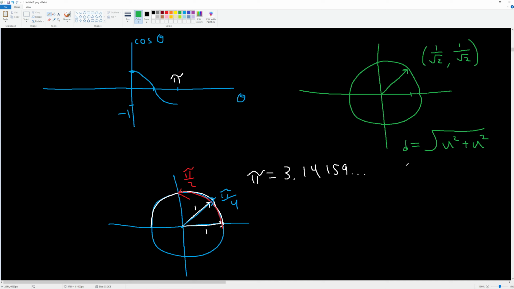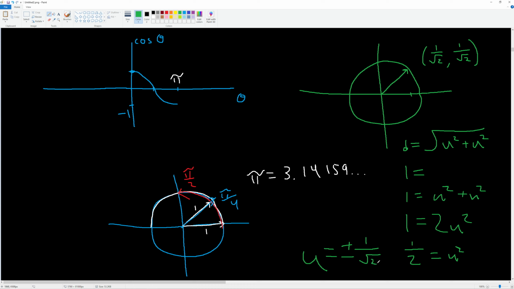And this has to equal 1. So we square both sides, and we get 1 equals u squared plus u squared. We simplify to 2u squared, and so u squared is 1/2, and so u equals plus or minus 1 over root 2.